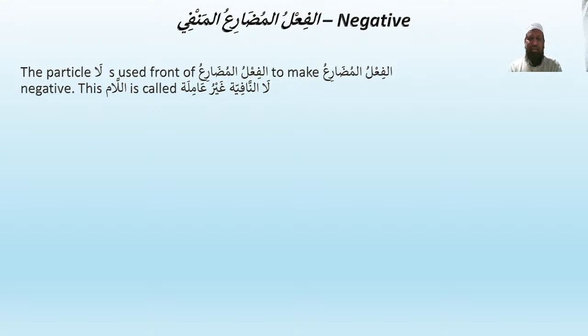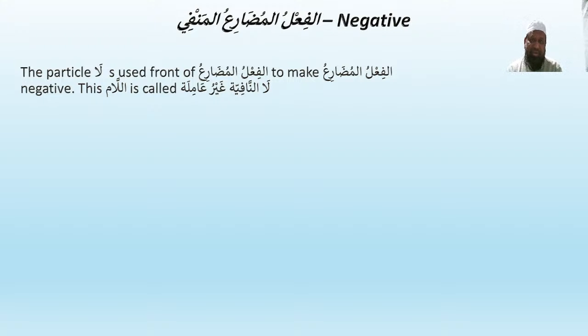So when we add the لا نافية in front of فعل مضارع, we know this lam does not do anything. It is غير عاملة because we have some other numbers of this la, which will be عاملة.